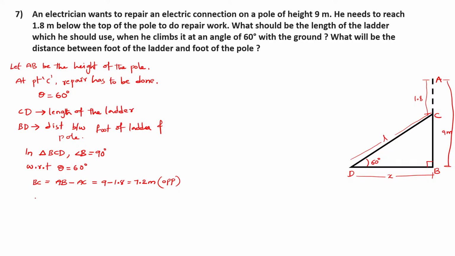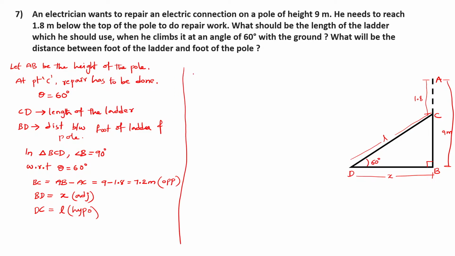Now BD is equal to X, we assumed, that becomes the adjacent side, and as usual DC is nothing but the hypotenuse, we assumed it as L. Here we need to find the adjacent side and hypotenuse. So for that we need to take two ratios here.